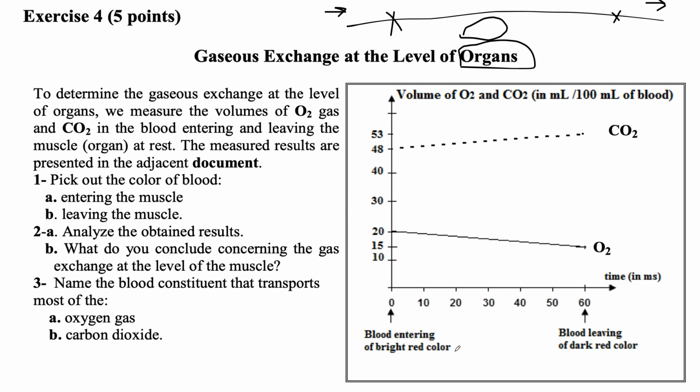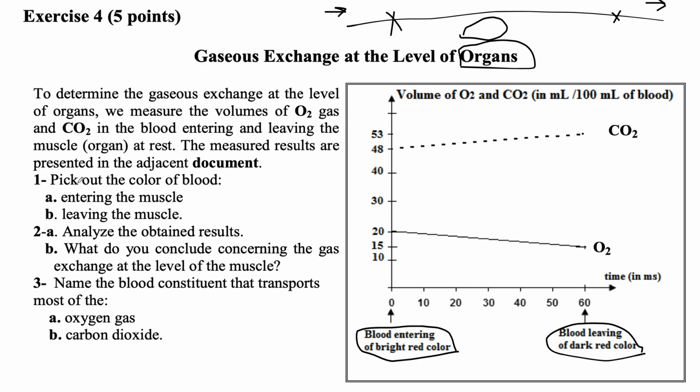It enters bright red. Why is it bright red? Because the blood is rich in oxygen and poor in carbon dioxide. And why does the blood leave with a dark red color? It leaves with this color because it's poor in O2 and rich in CO2.